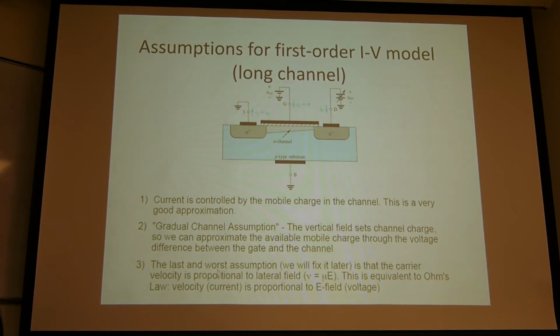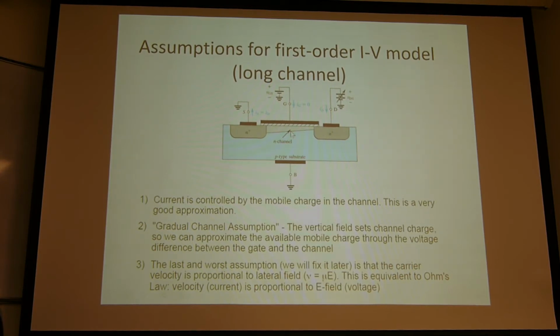The last assumption is that the electron velocity in the horizontal direction is determined by drift, due to the natural electric field from the drain to the source. So this is the drift assumption.